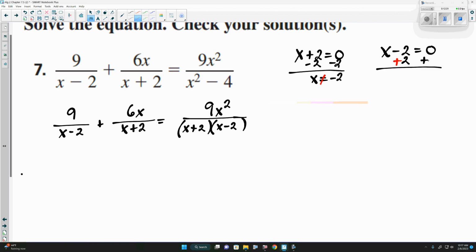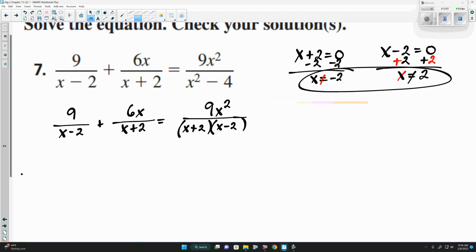In the other case, we would add 2 to both sides, telling us that if x was positive 2, we would get a denominator of 0, so it doesn't work. So our 2 solutions that we cannot have are positive or negative 2.